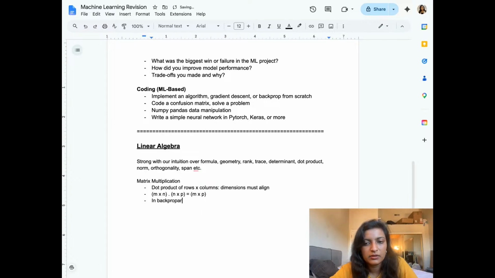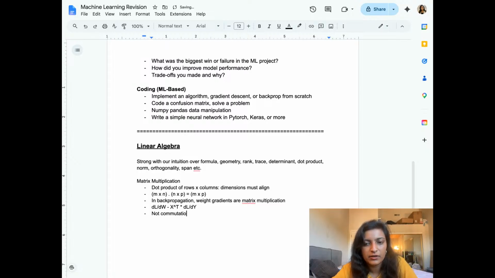So basically, in backpropagation, when we traverse back from our neural network, weight gradients are matrix multiplication. So we say dL/dW is X to the power T multiplied by dY.